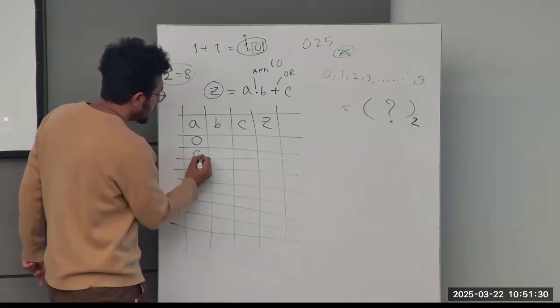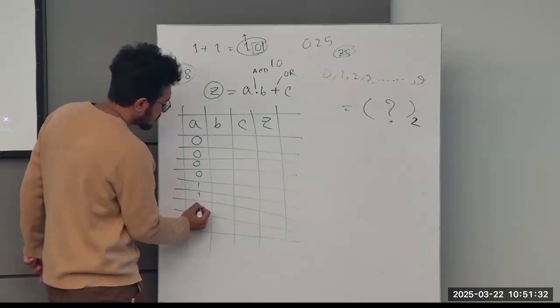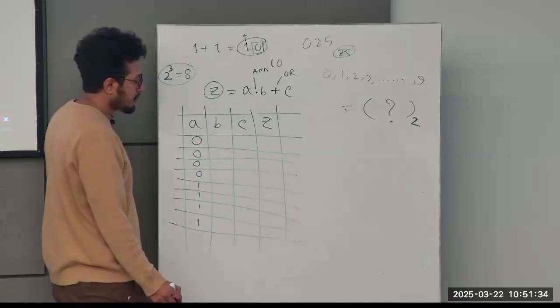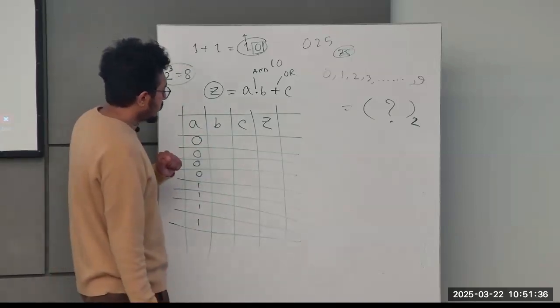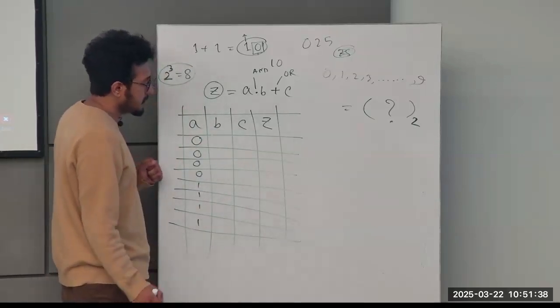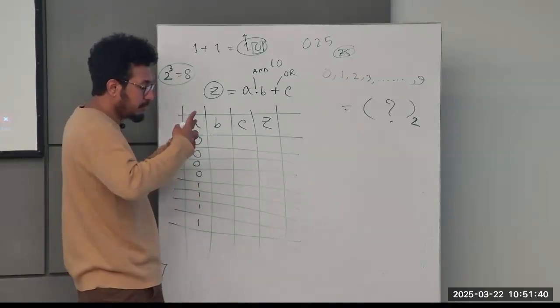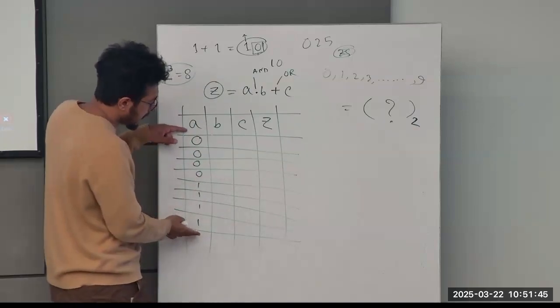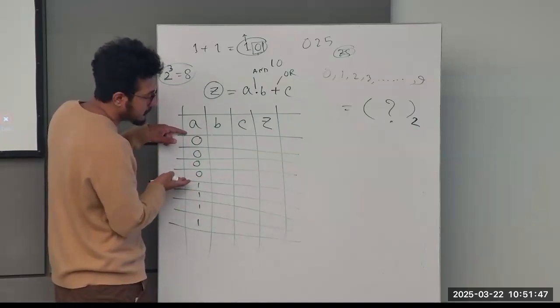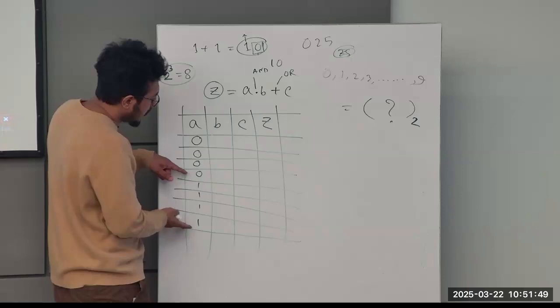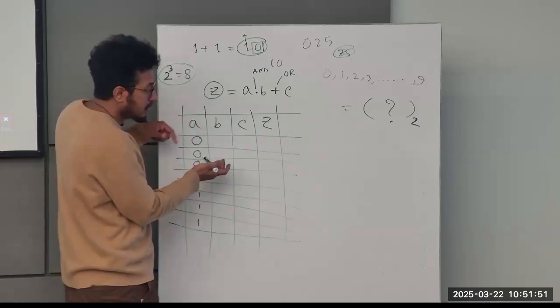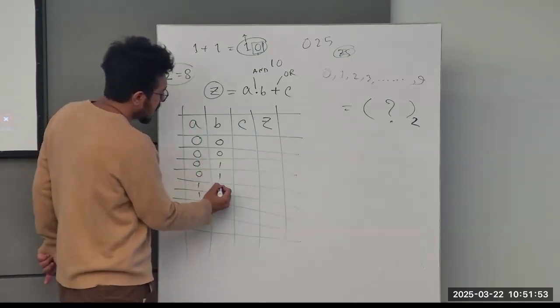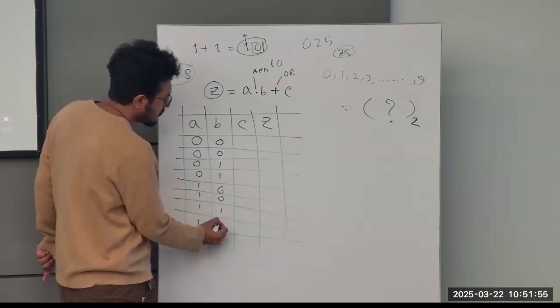Now add 4 0s here, 4 1s. Now for B, divide by 2 again. If we divide 4, we get 2. So 2 0s, 2 1s, again 2 0s, again 2 1s.